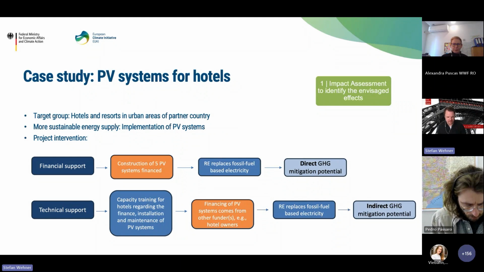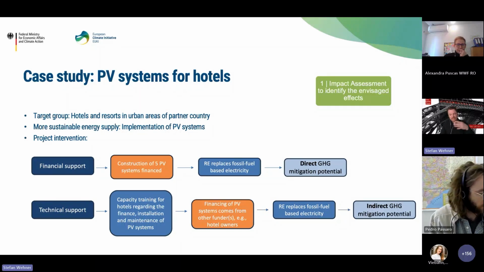So they finance the system either with their own sources or from other sources. And in the end, also replace fossil fuel-based electricity. But since we are not taking the financial investments, we are not supporting this directly with our project, it's an indirect impact based on our technical support.